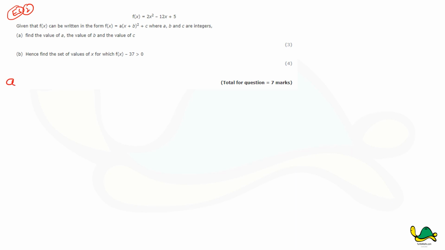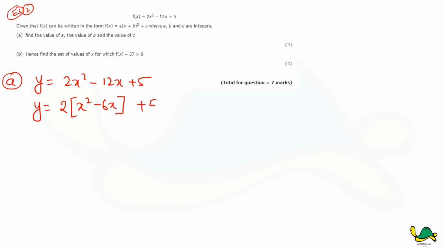So let's start. We have y = 2x² − 12x + 5. You can see the coefficient of x² is not 1, so we need to factorize it and make it 1. I will start with 2 outside: x² − 6x, and I will keep my constant term as it is. I am not factorizing my constant term.